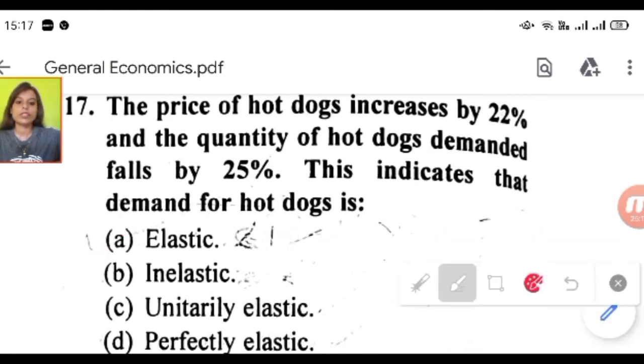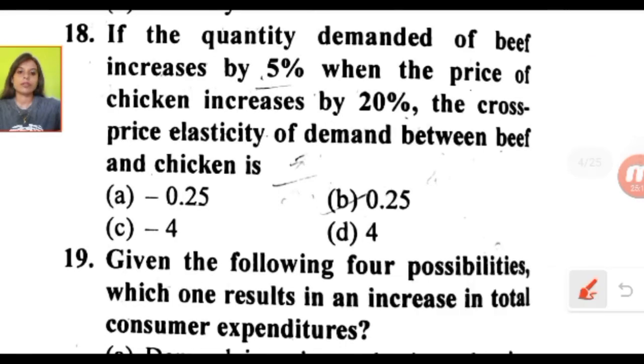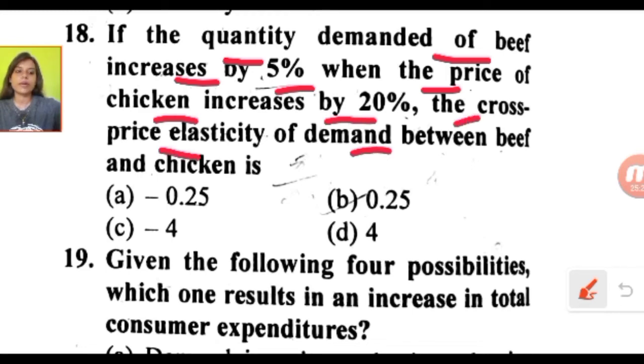Let us move over to the next question: if the quantity demanded for beef increases by 5% when the price of chicken increases by 20%, the cross price elasticity of demand between beef and chicken is. We have to calculate this one.